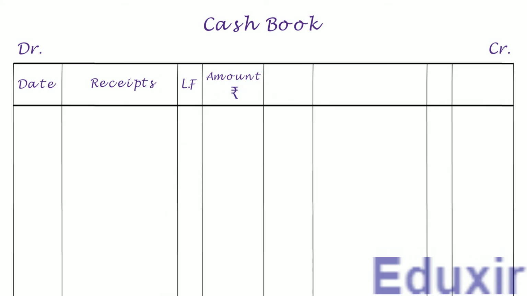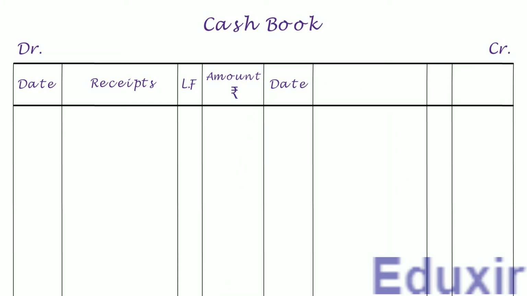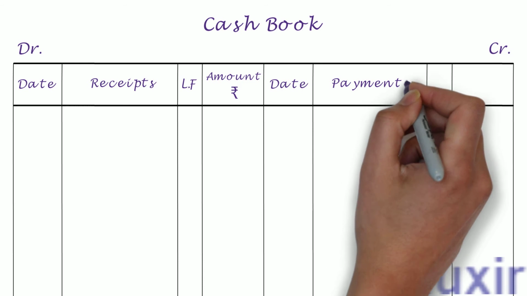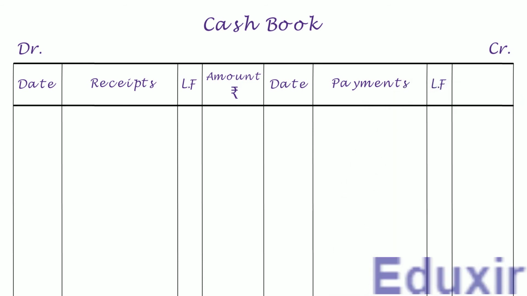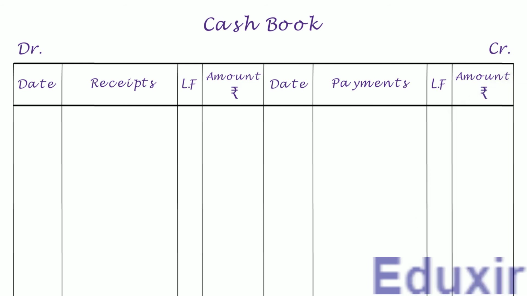And on the credit side, we will have date, payments, ledger folio and amount in rupees. Note that when we compare this with the ledger account format, on the debit side we have receipts in place of particulars, and on the credit side we have payments in place of particulars.